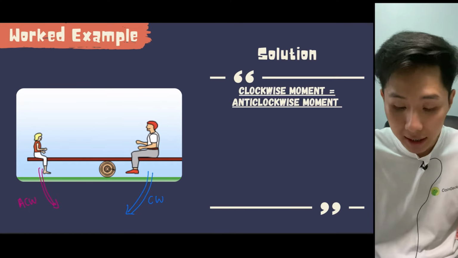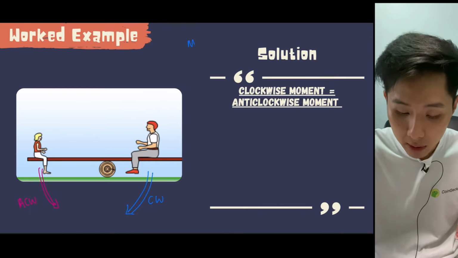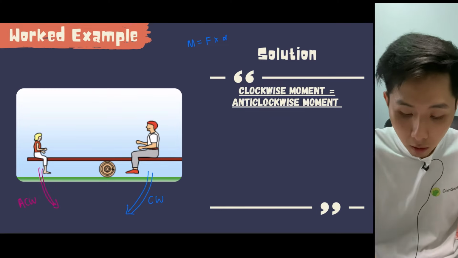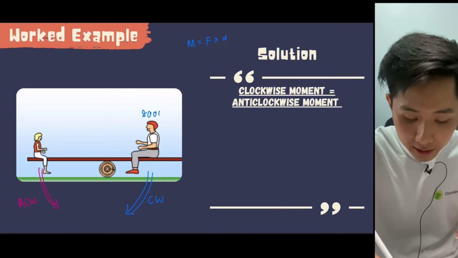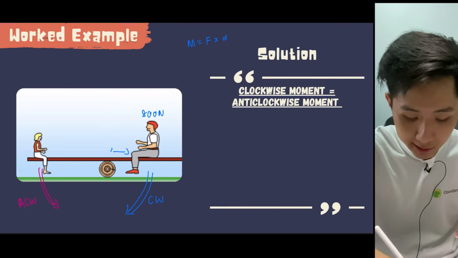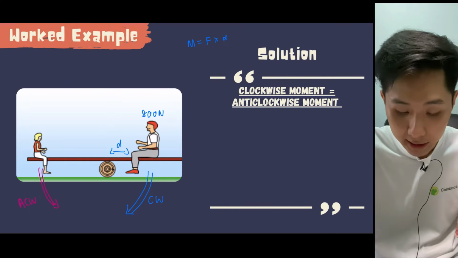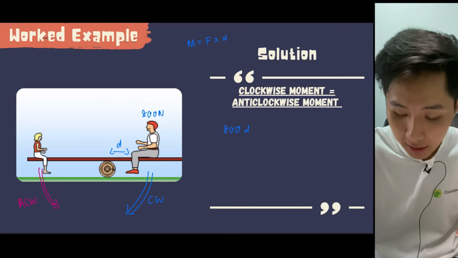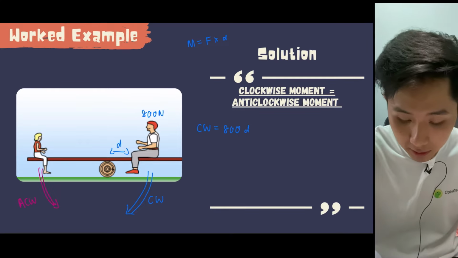How do you get the clockwise moment? Again, moment formula recap: force times distance. The clockwise moment: we know that is 800 Newton, it's just that we don't know where he should sit. So it's going to be 800 multiplied by d, and that's the clockwise moment.